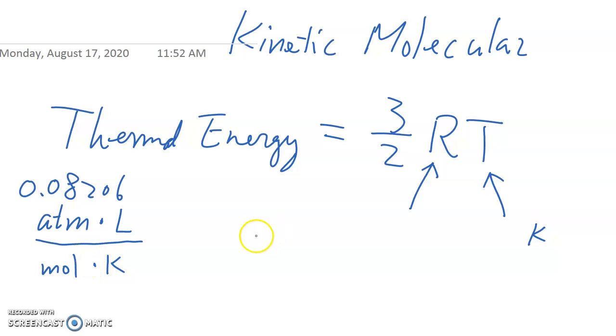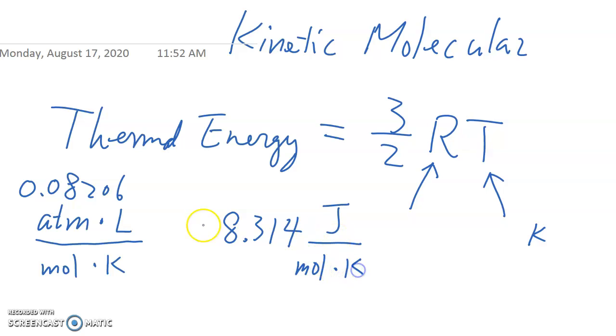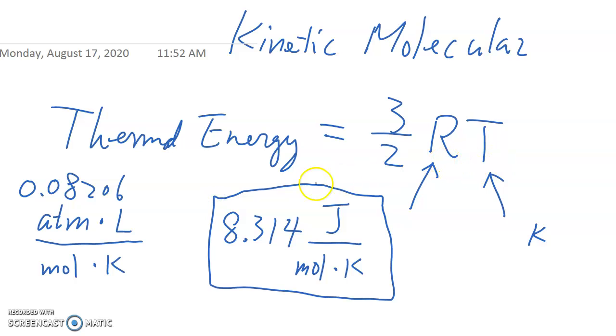If we use the SI unit, we are going to see 8.314, and the unit will be joules per mole K. So this is the SI unit for R, and the other one is the popular unit that we use for the ideal gas calculation, PV equals nRT.